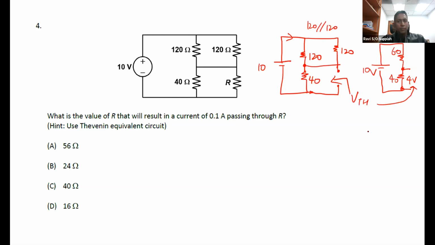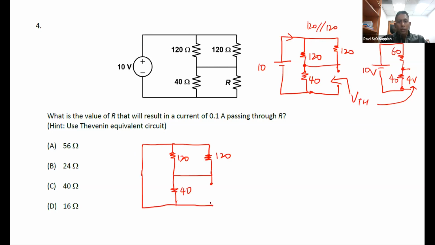So the next step is RTH. For RTH, we short circuit this point here. And then you have 120, another 120, 40, and here. And then the technique that I told you is, imagine that I put a voltage source here, and how will the current flow?